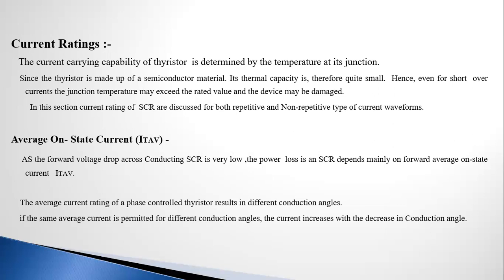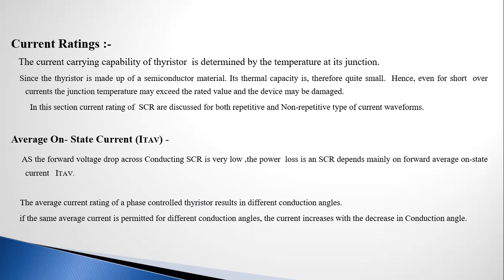The thyristor is made up of semiconductor material, so its thermal capacity is very small. Therefore, even for a short over current, the junction temperature may exceed the rated value and the device may be damaged. So in this section, the current rating of SCR is discussed for both repetitive and non-repetitive types of current waveform. First is the average on-state current.